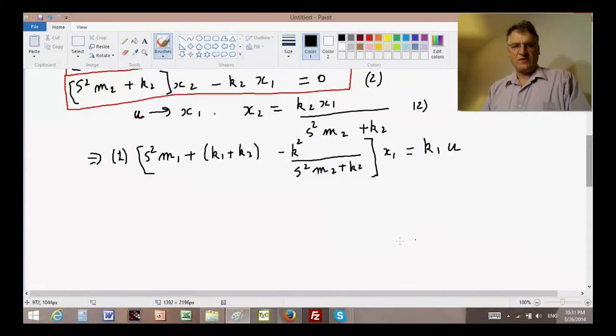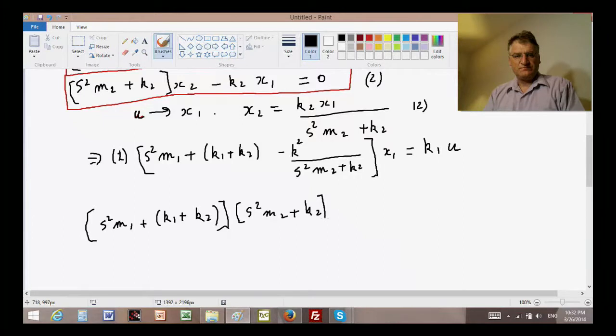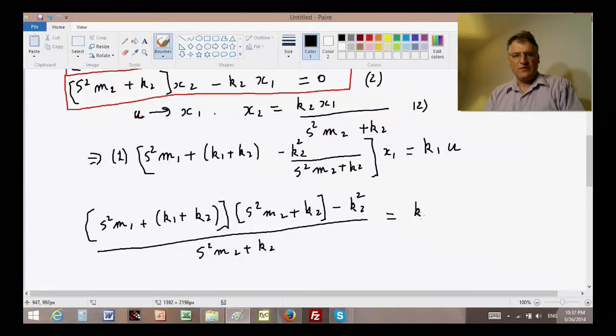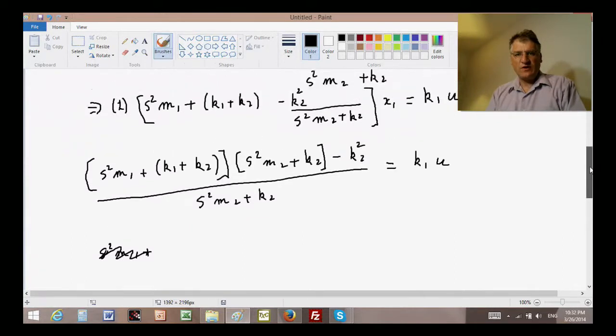Or in other terms, reducing everything to the same denominator, we obtain that (s squared m1 plus k1 plus k2) times (s squared m2 plus k2), minus k2 squared, divided by (s squared m2 plus k2), times x1, is equal to k1 u.